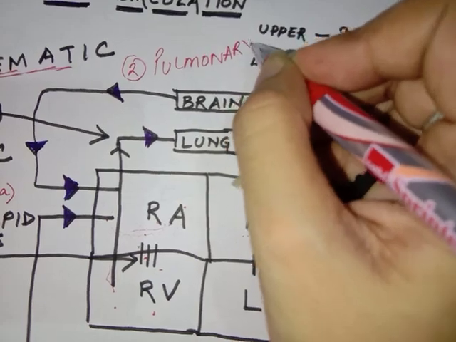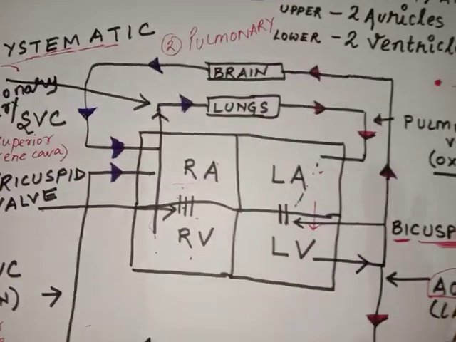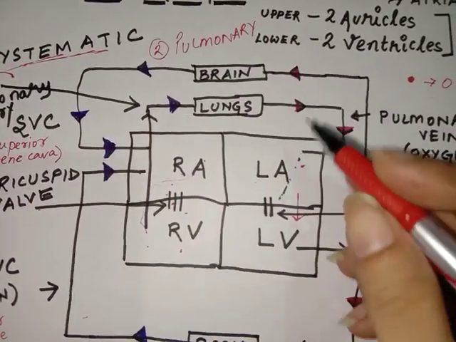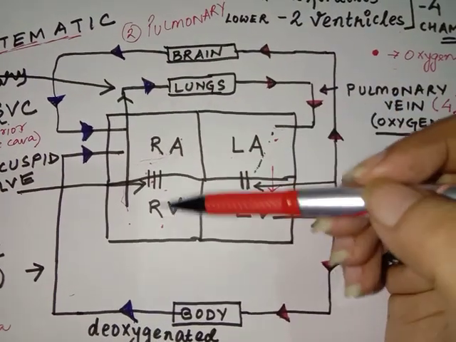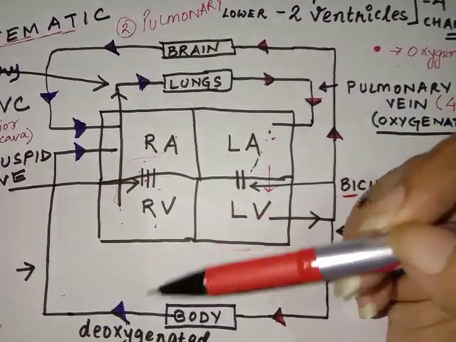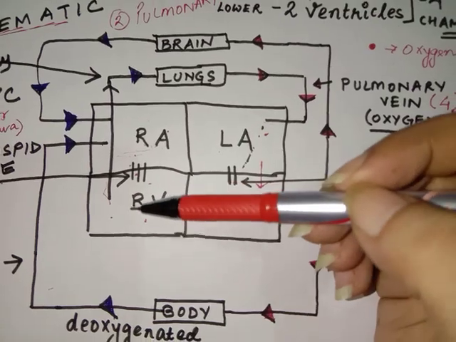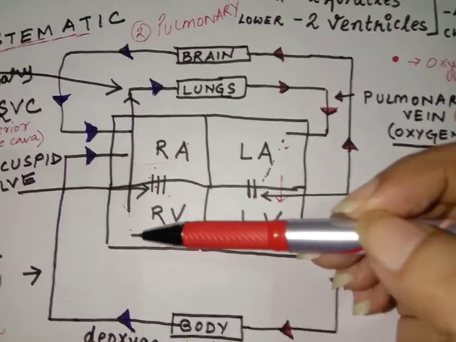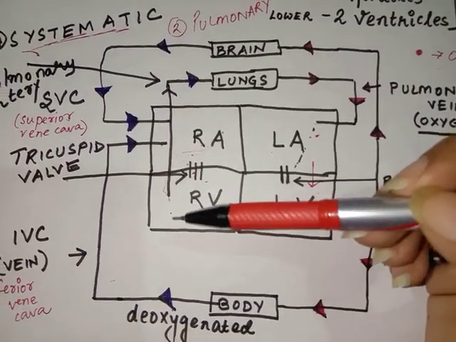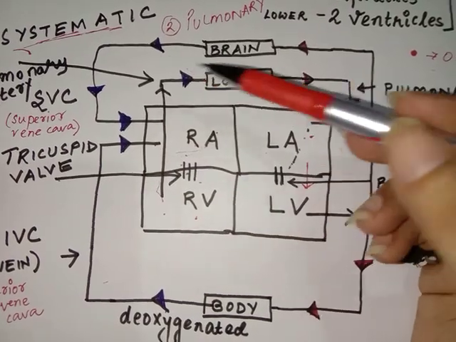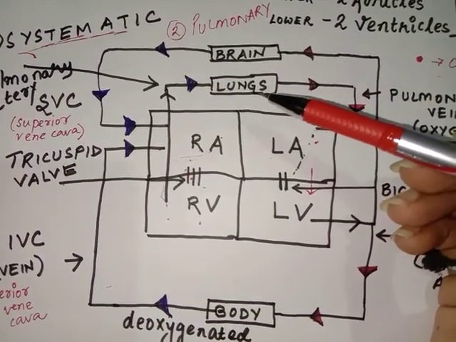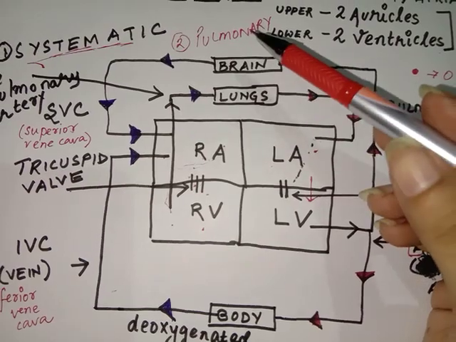The left side of the heart is systematic circulation, and the right side is pulmonary circulation. Why pulmonary circulation? Because the right ventricle is pumping the deoxygenated blood to the lungs for oxygenation.